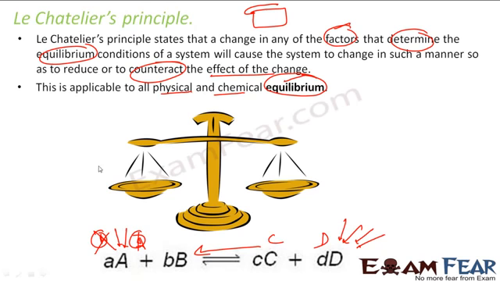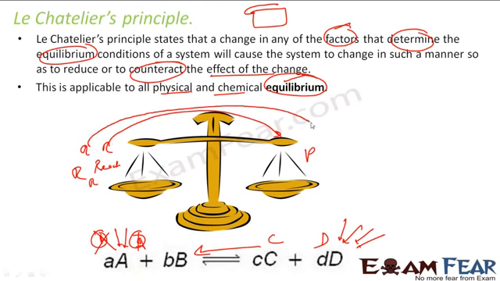For example, if you add more reactant here, according to the Le Chatelier principle, some of this reactant will react and form product. Some, not all. Suppose you added 6 reactant: 3 will go and form product, and 3 will remain. So there are 3 more reactant and 3 more product, and the system is balanced, right?